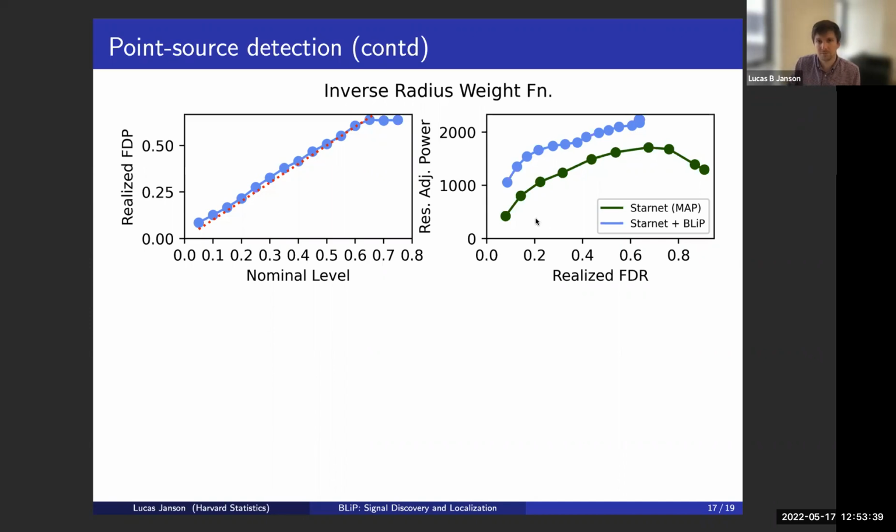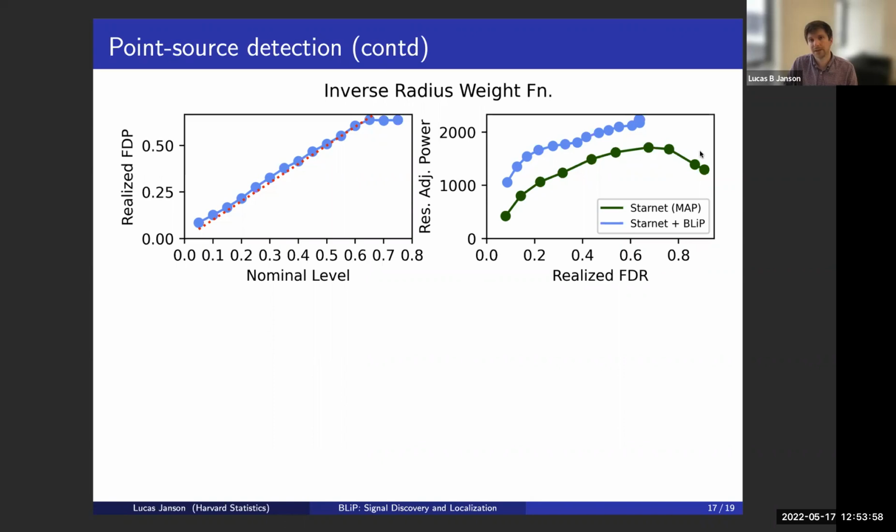I'll point out that at a reasonable false discovery rate of like 10%, we have a realized false discovery rate also of 10% and a resolution adjusted power that's twice as high as that of StarNet's. So I think it's a pretty big improvement.